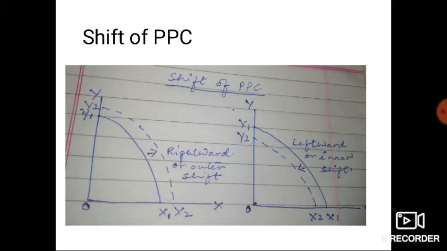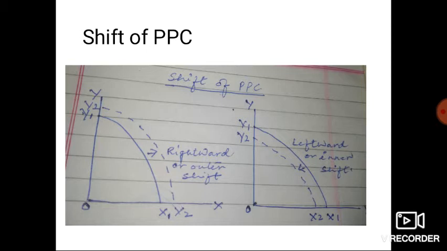Why does the PPC shift to the right? There are two reasons for the rightward shift of the PPC. Number one, growth of resources. Number two, use of an improved technique by a producer.